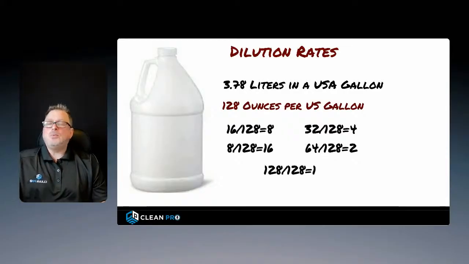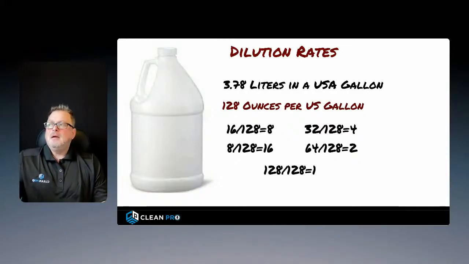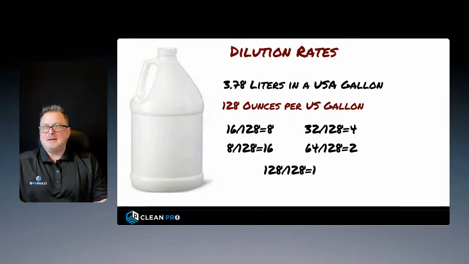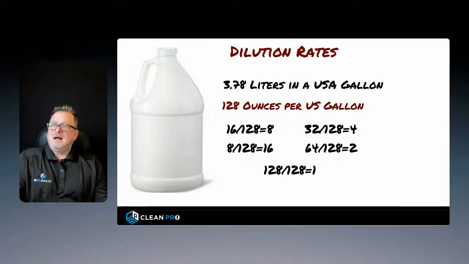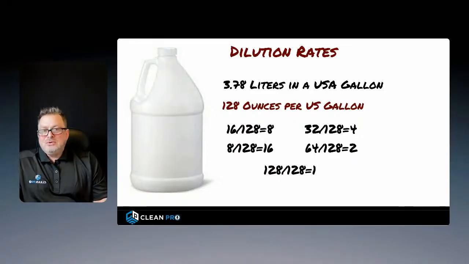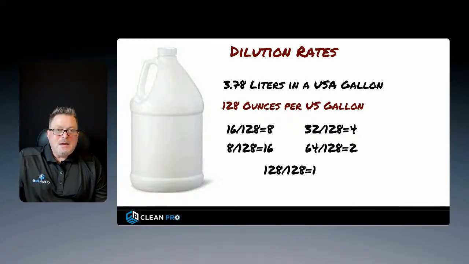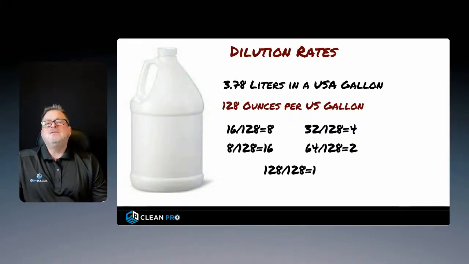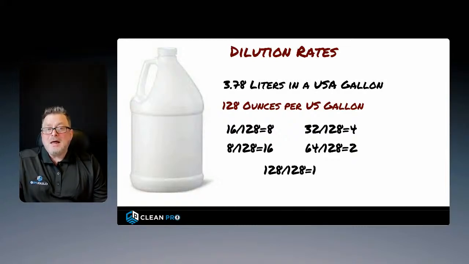If someone says it's 1 to 16 dilution rate, then you divide 16 into 128, you get 8. If someone says it's 1 to 8, you divide 8 into 128, you get 16. If someone says 1 to 32, it means 32 ounces into 128 ounces of water gives you 4 ounces, right? 4 ounces per gallon is what you're going to do.